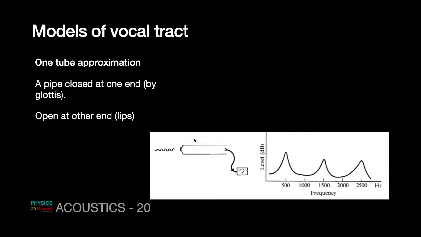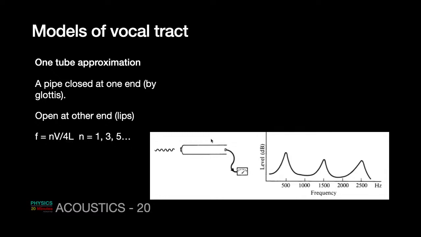So all you have to do is, you know that the normal modes of vibration of this kind of tube is given by F = NV/4L. Now, what are the parameters here? We are all familiar. V is the velocity of sound, L is the length of the tube, 4 is a number.